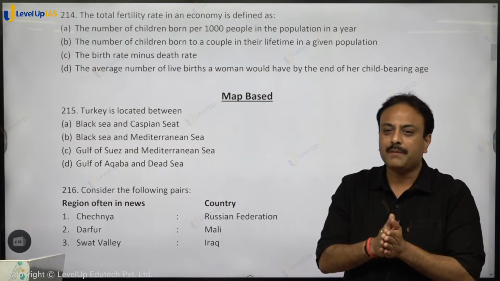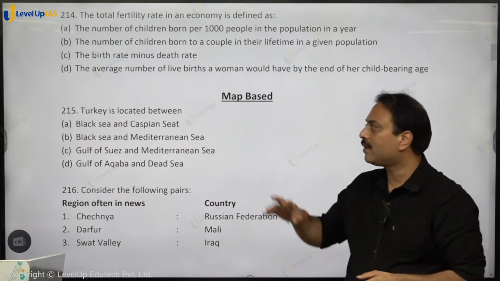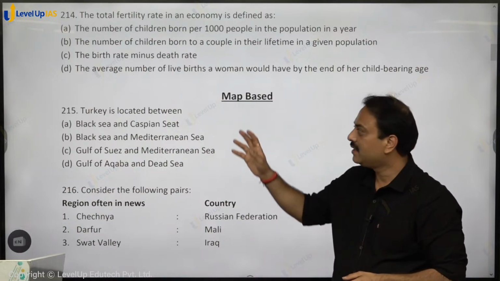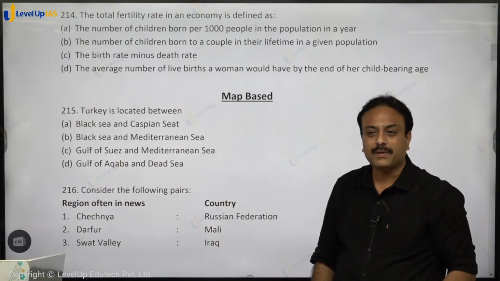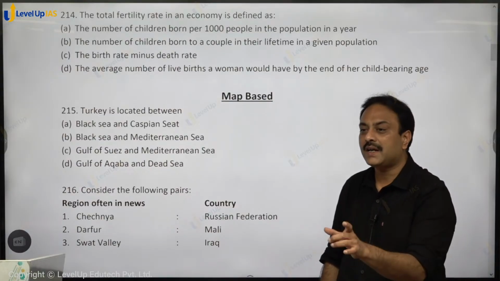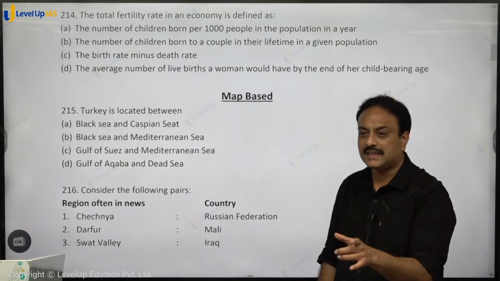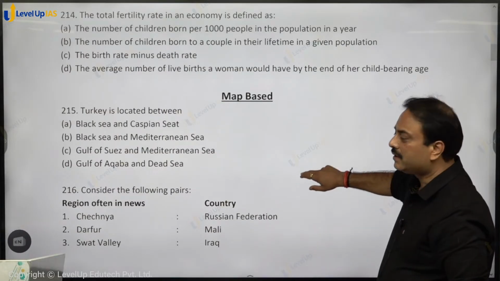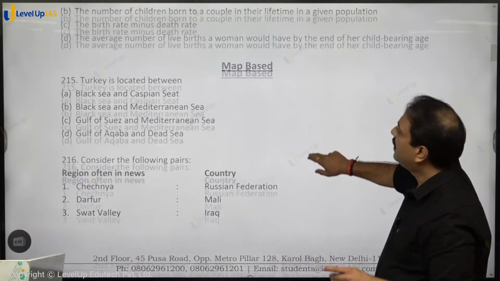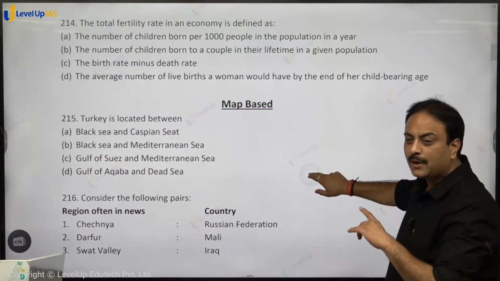So how will PYQs help you if you are not working on the options of the PYQs? So what is the age group? 15 to 49 is the age group, childbearing age. 15 to 49, correct. This is as per the government, 15 to 49.